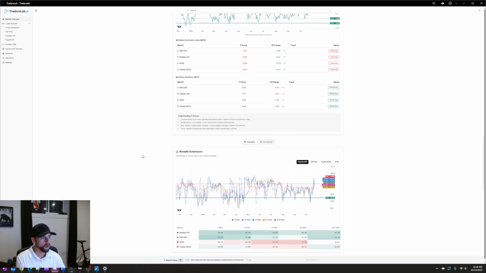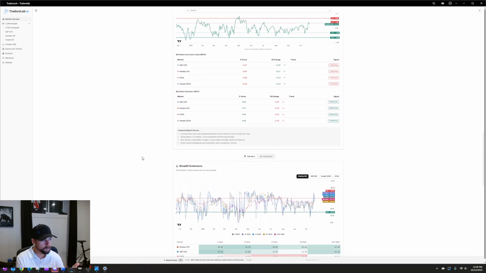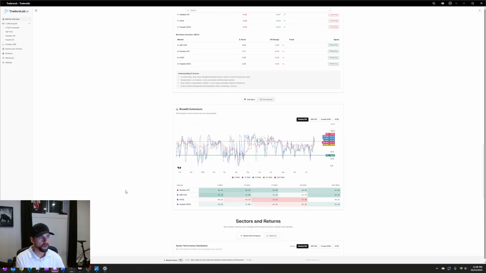Simply because breadth extension is kind of hard to know when this is reliable. Is the market extended because the stocks above their 5 DMA or 10 DMA are oversold? Is it actionable, or does the market need to flush even more, and we need to see the stocks above the 21 or the 50 being oversold?